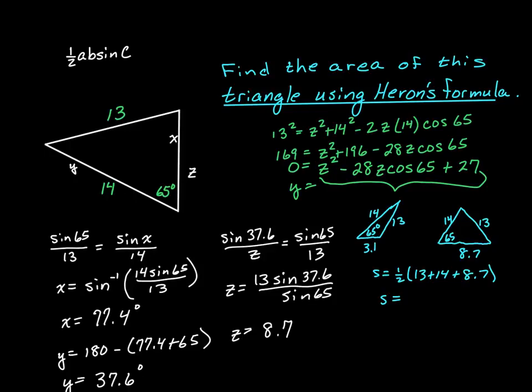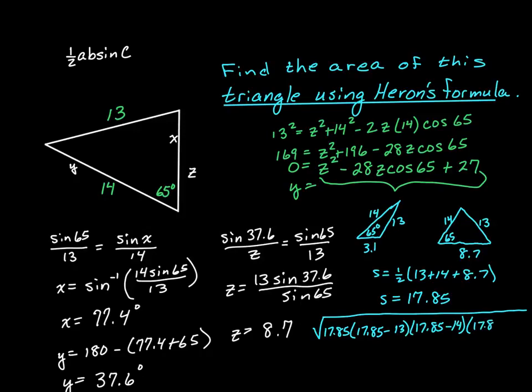So S is equal to 17.85. And now if we use Heron's formula, we have 17.85 times 17.85 minus 13 times 17.85 minus 14 times 17.85 minus 8.7. This will come out to approximately 55.1.